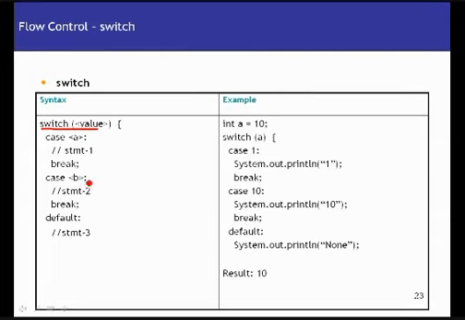For example, if the value matches case A, then these statements are going to be executed, else if the value matches case B, then this set of statements is going to be executed. Similarly, you have a default which is very similar to else. If none of the above are true, it's going to execute the default.